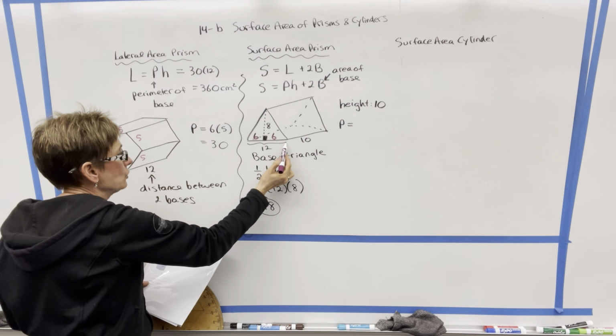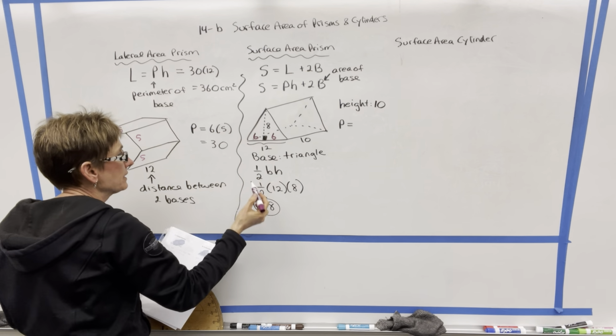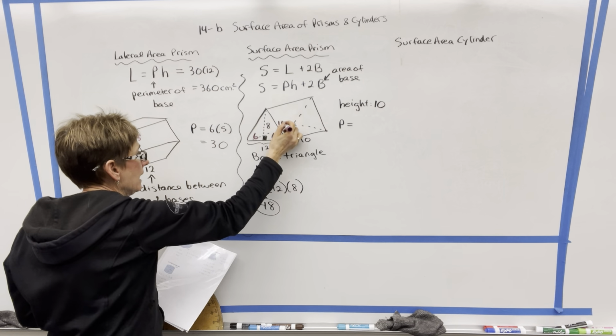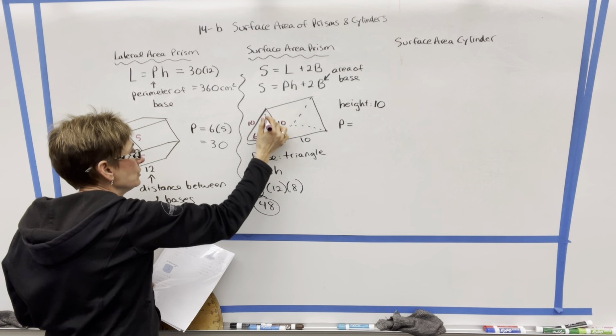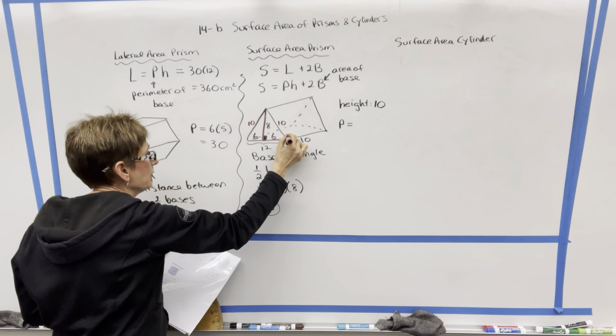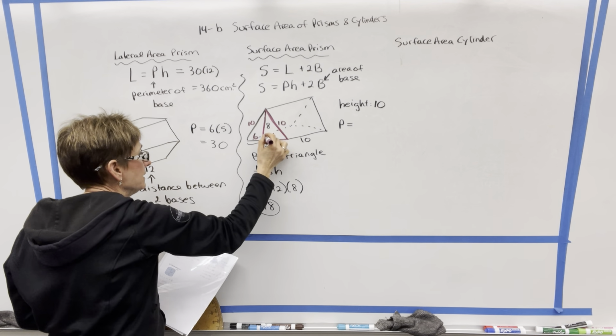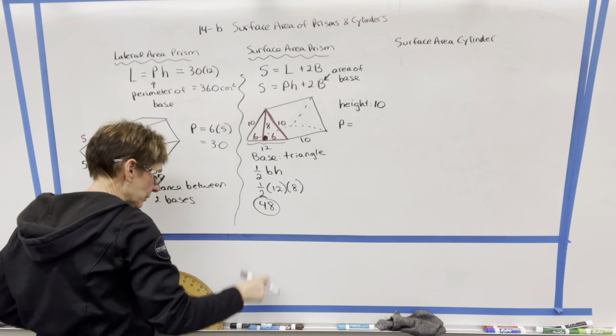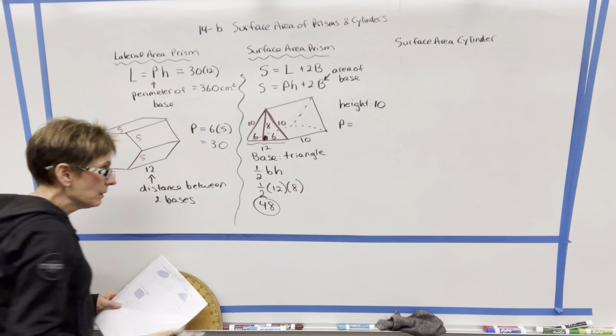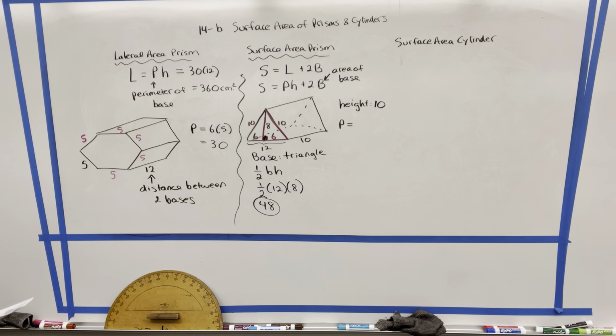If this length is 12, then these two pieces are going to be 6. This is actually a 6, 8, 10 triangle right here, and the other side would be the same. In this case, you want to note that since more than one piece of information has been labeled about the base, you do need to double check and see whether it's regular or not.